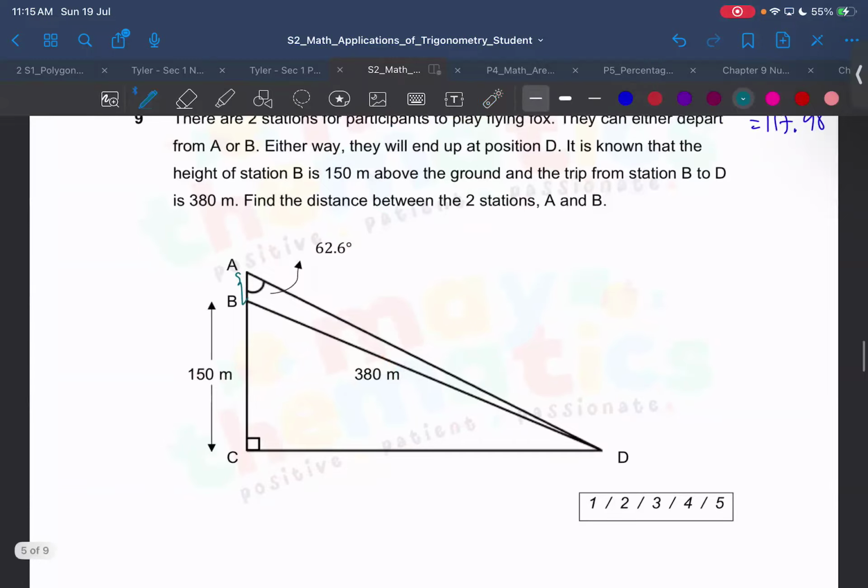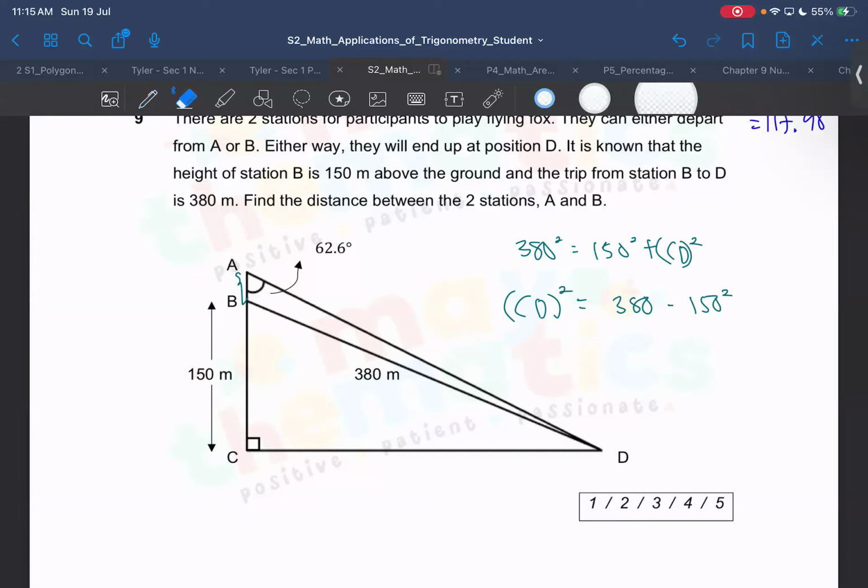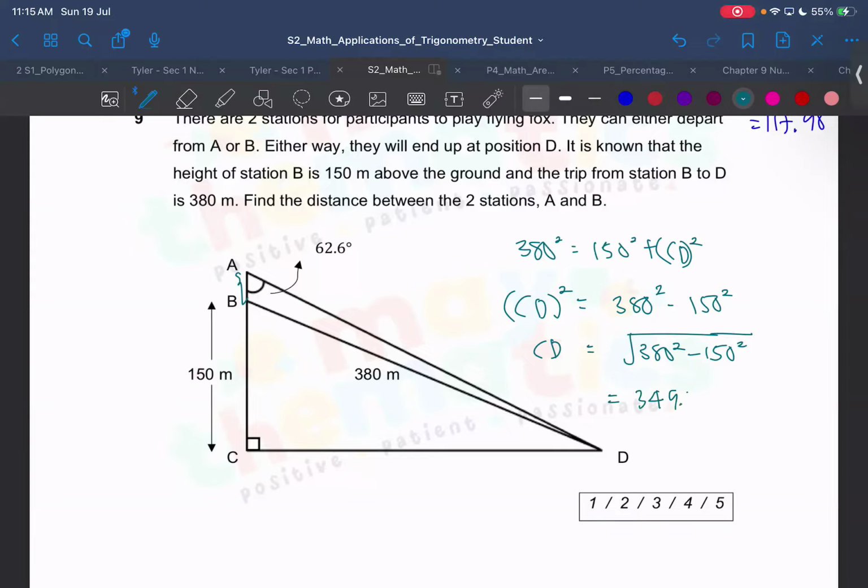So find CD first, which is 380 squared equals 150 squared plus CD squared. So bring CD over, you will get 380 squared minus 150 squared. Then square root the whole thing. Then you should get 349.14.